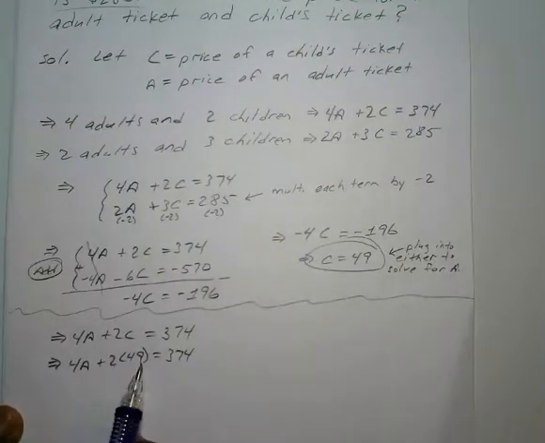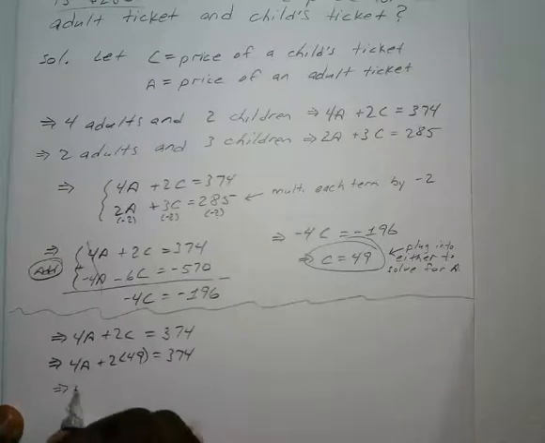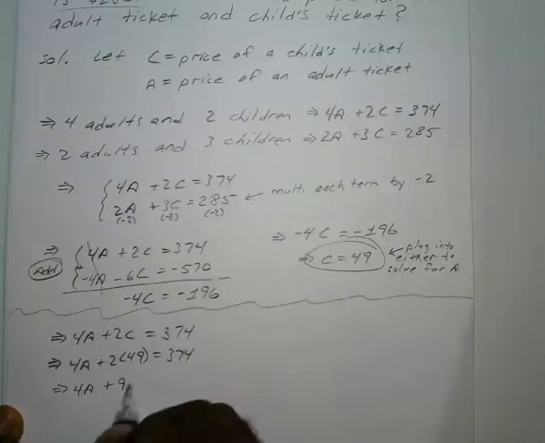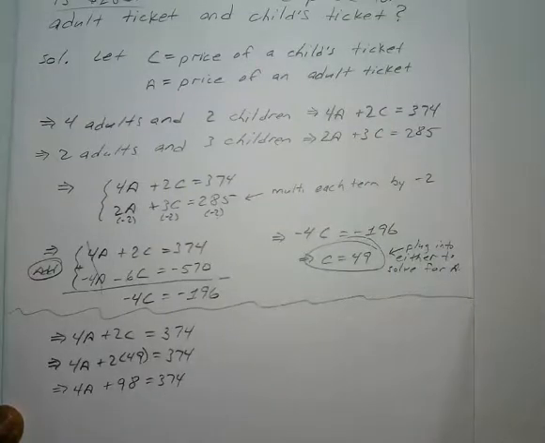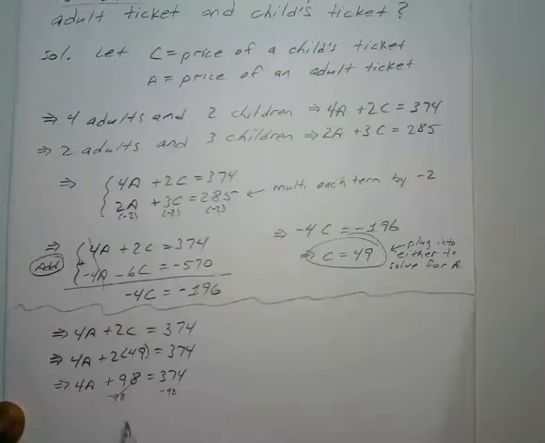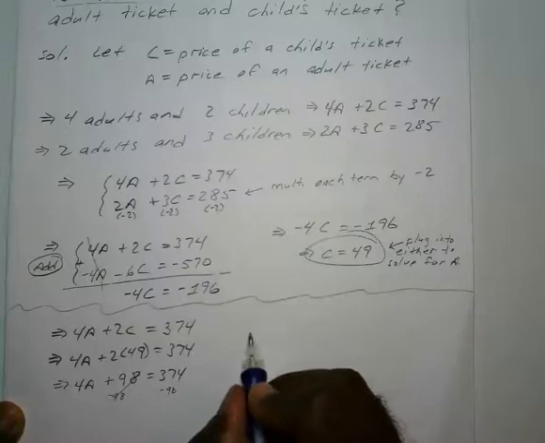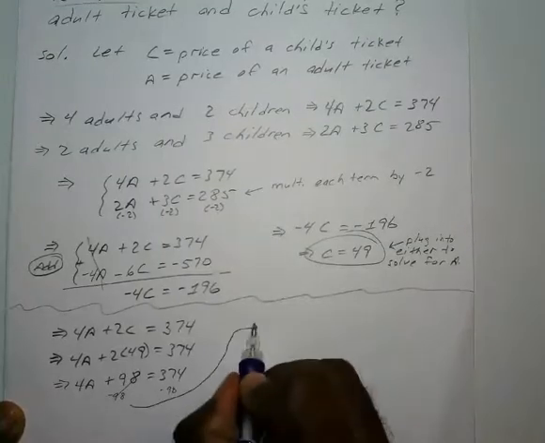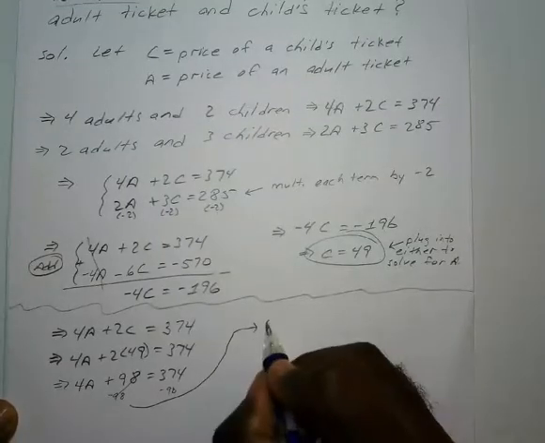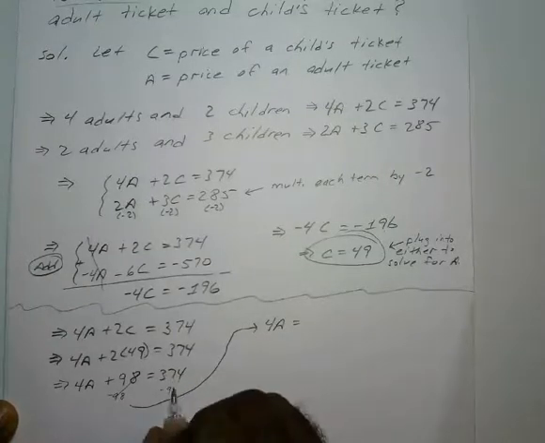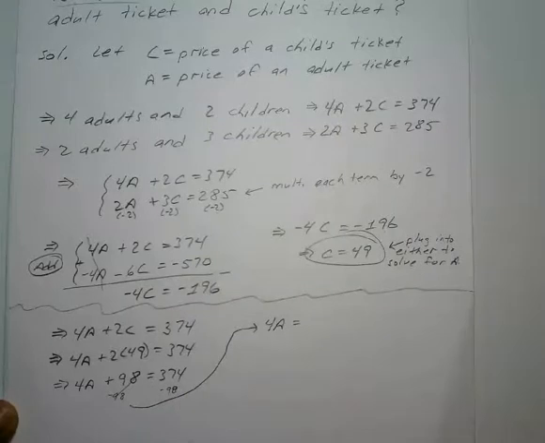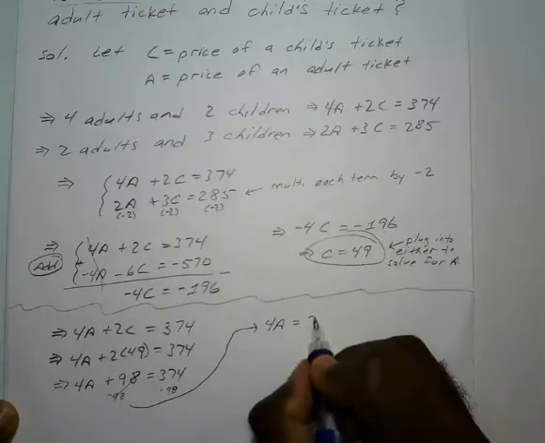Okay, so 2 times 49 is 98. So we have 4a plus 98 equals 374. So if we subtract 98 from both sides, that gives us 4a equals 374 minus 98 is 276.